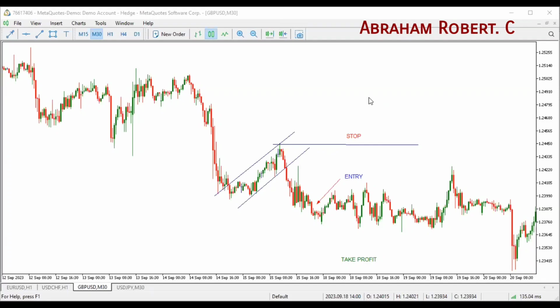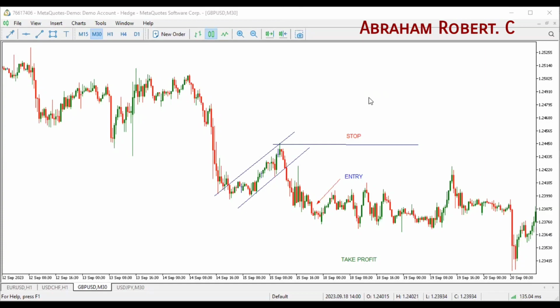Like I told us, most of these patterns are just retracement. And the break of it and the retest of it is a good entry trigger. Now, if you look at your screen, you can see a bearish flag pattern being formed.